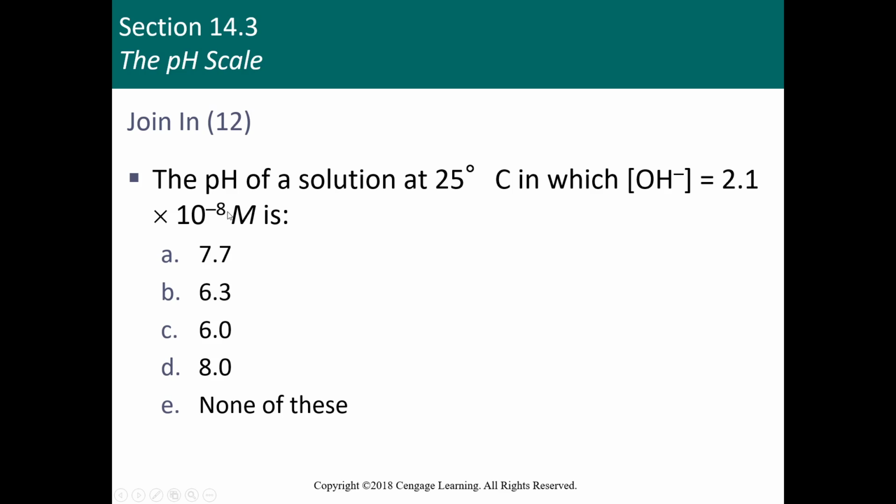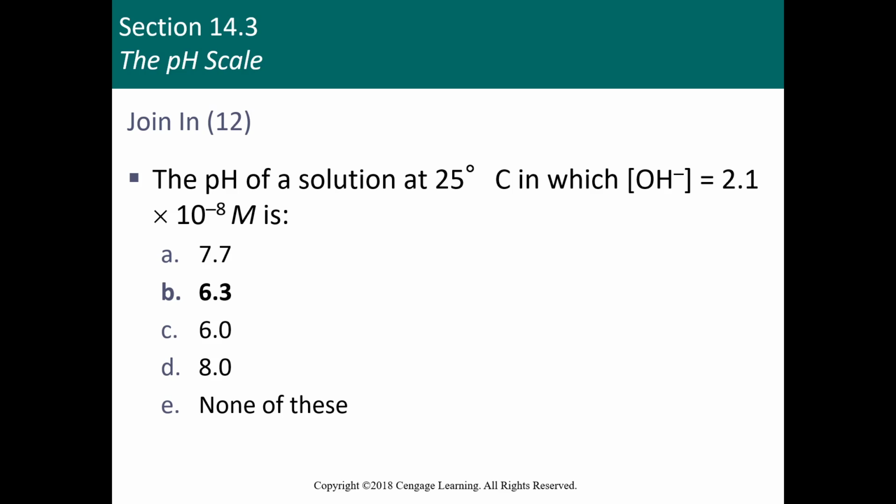And so, let me go ahead and do that in my calculator. If you take the negative log of this OH minus value, you're going to find that this pOH would be 7.67 repeating. So, all right, so what you can do then is take 14 minus that value, and that will give you then your pH, which is 6.3.